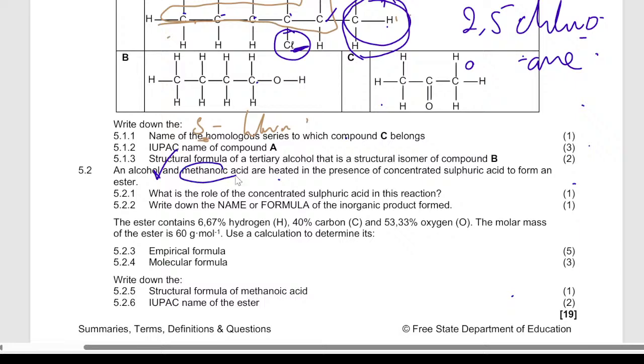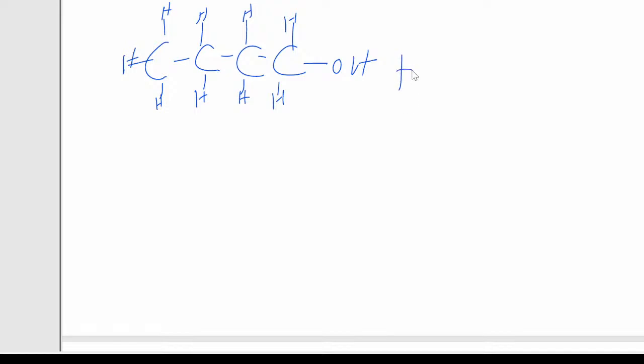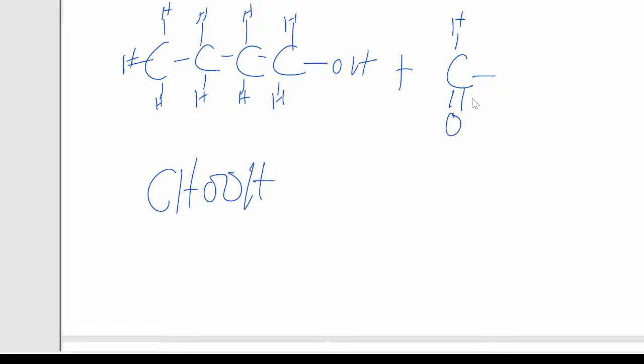I'm going to react it with methanoic acid. Methanoic acid has only one carbon. So plus methanoic acid. Methanoic acid is like that, so I'm going to have one hydrogen, and then 1, 2, 3, 4.